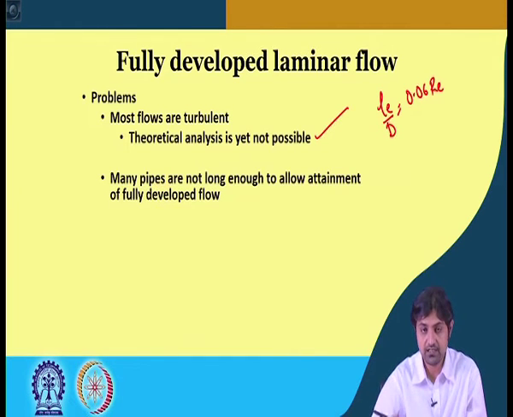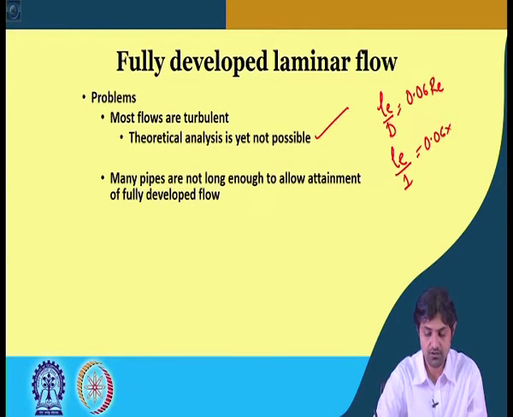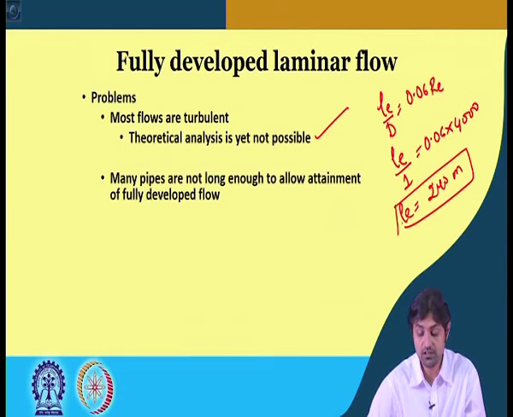In case of, let's say, a Reynolds number of 4000, which is pretty common, and diameter of the pipe, let's say 1 meter, 0.06 into 4000, so LE becomes 240 meters. So the entrance length is 240 meters for a pipe of diameter 1 meter and Reynolds number of 4000.